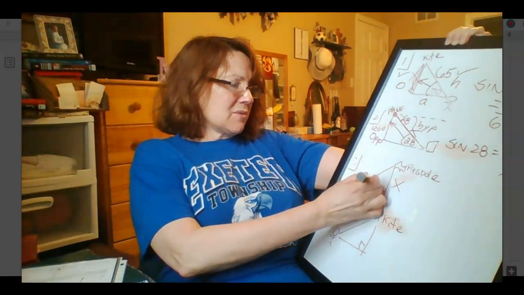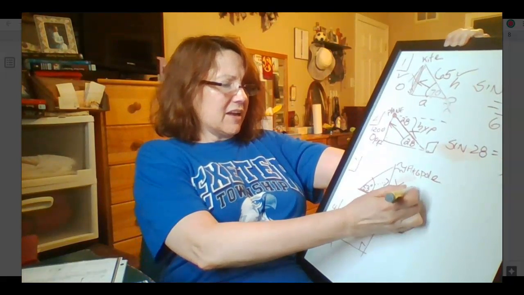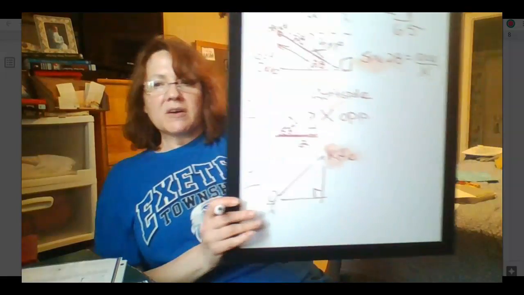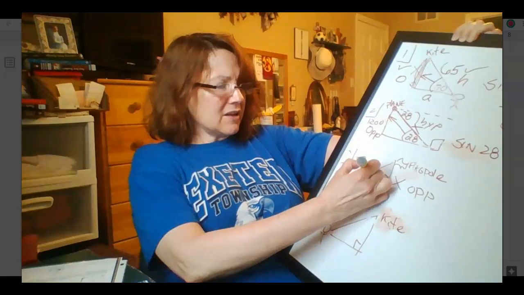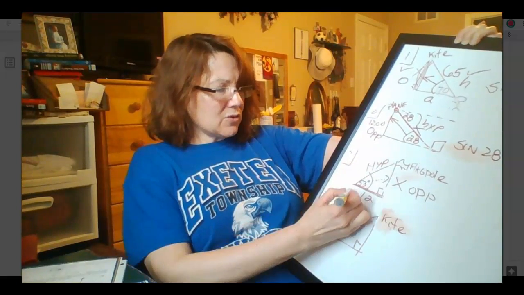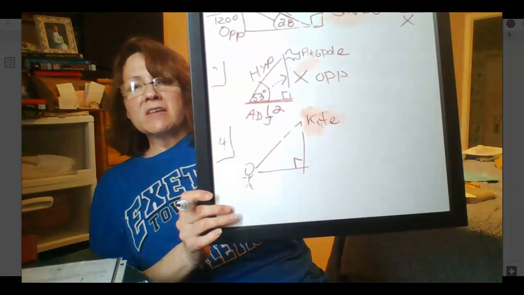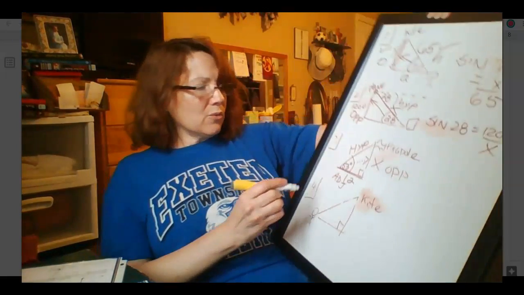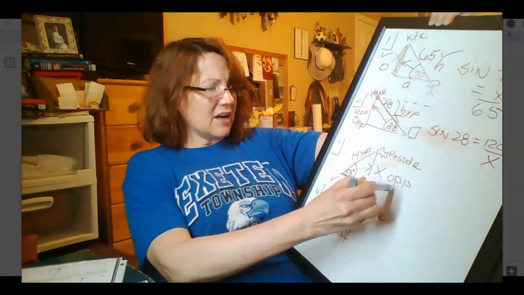So here's my angle. I do my DTT with my squirt bottle, and I say, okay, so the height is the opposite. This 12 right here, it's not the hypotenuse, so the 12 is actually the adjacent. So what do I have with a trig function that's adjacent and opposite?